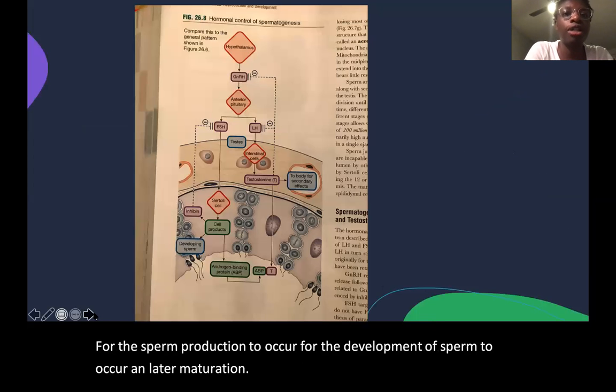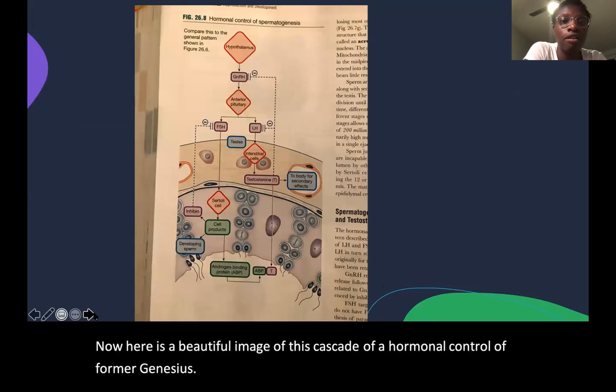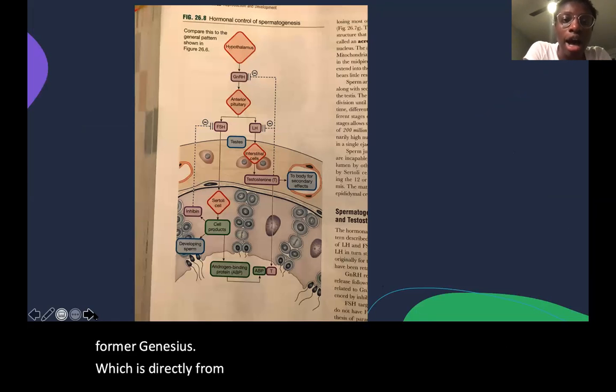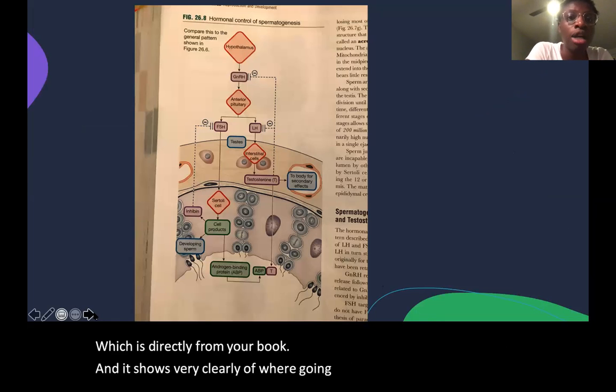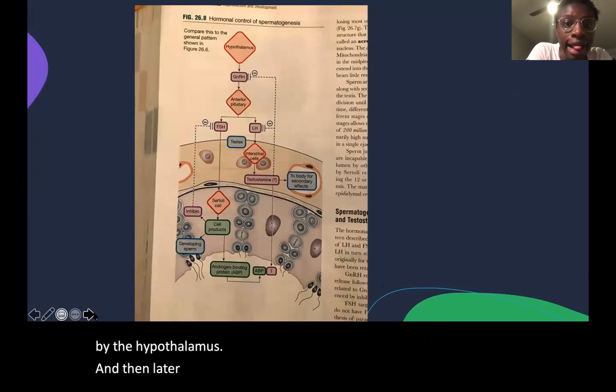Now here is a beautiful image of this cascade of hormonal control of spermatogenesis, which is directly from your book. It shows very clearly where GnRH, which is secreted by the hypothalamus, then interacts with the anterior pituitary.